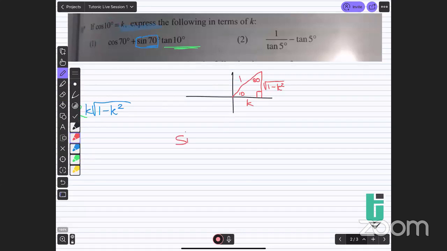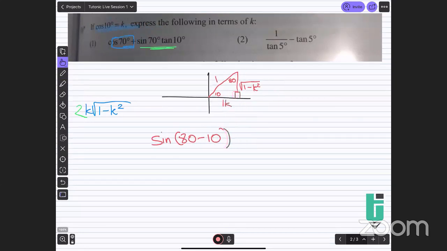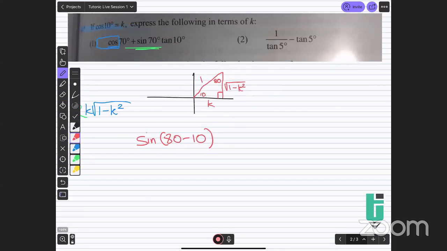Sine of 80 minus 10, which is what? What's the sine identity? Sine, cos, sine, cos. Minus or plus? Minus. Cos 80 sine 10. What's sine 80? k. What's cos 10? Also k.